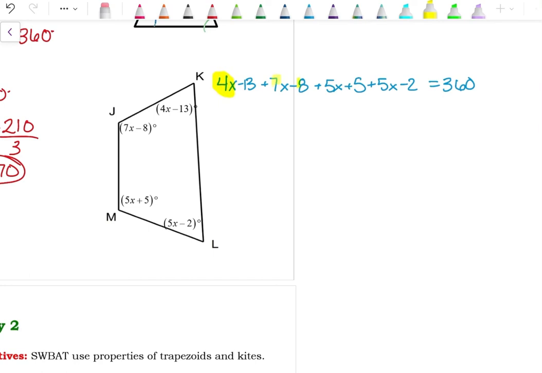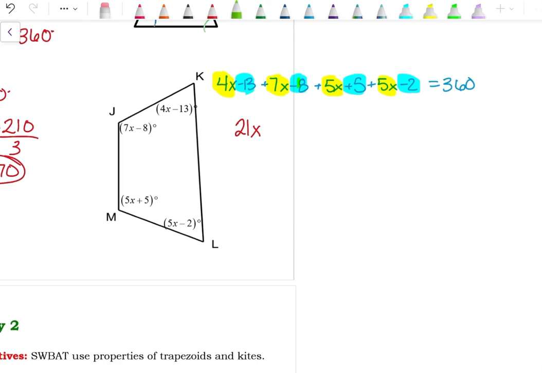Next thing I'm going to do is combine my like terms. So I'm going to combine all of the terms with an x. So 4x plus 4x plus 7x plus 5x plus 5x, that'll be 21x when I add all those up. Then we'll do all of the ones without x, so minus 13, minus 8, plus 5, and minus 2.